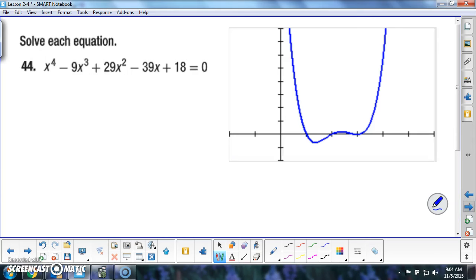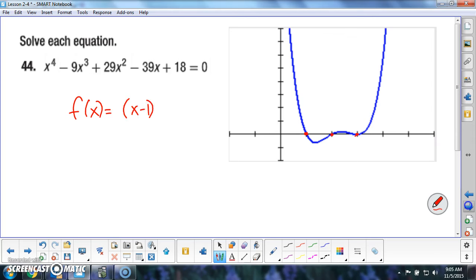Here's another one. It's just going to say solve the equation. So you just take the equation, you graph it on your calculator, and you look for the x-intercepts. I've got the graph listed here. It looks like it crosses at +1. Looks like it crosses at +2, and looks like it touches at 3. So the equation that I would come up with would look like this.